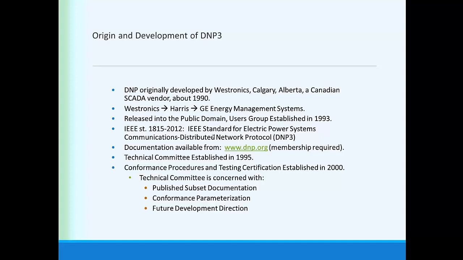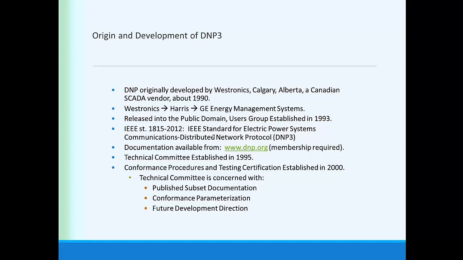It is also available for download, along with any ongoing technical issues being discussed, from the DNP.org website. You do have to be a member, and that does require some contribution from your employer to be a member of the DNP users group. But once you get on the DNP.org website, you can download all kinds of ongoing discussions about how the protocol is evolving into the future.